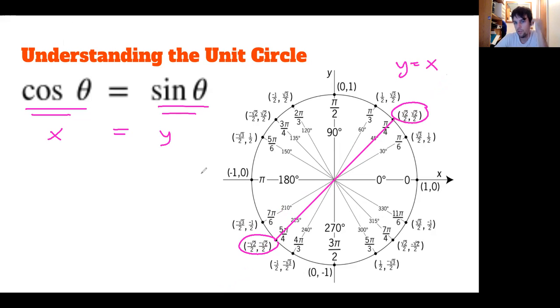So those are our two solutions: pi over 4 and 5 pi over 4. Now, you could solve this algebraically, and I'm going to get into that too, but the fastest way here was to understand well what the unit circle is about and how to use that to solve it.